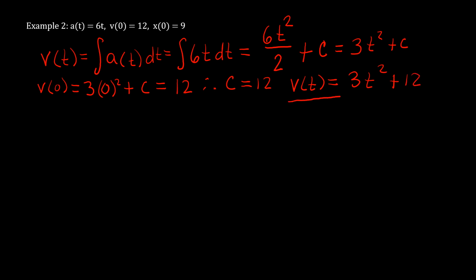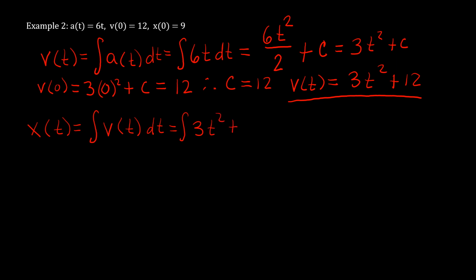That's our answer for velocity. And then for position, we have x of t equals the integral of velocity v of t with respect to t, which equals the integral of 3t squared plus 12 dt.